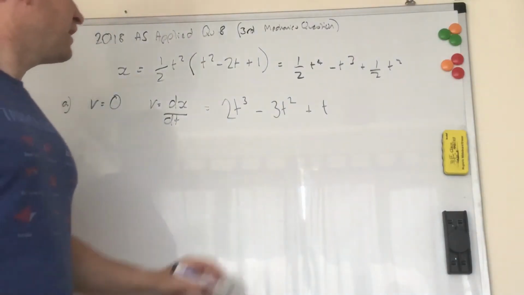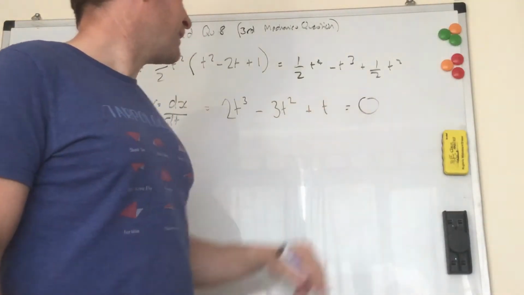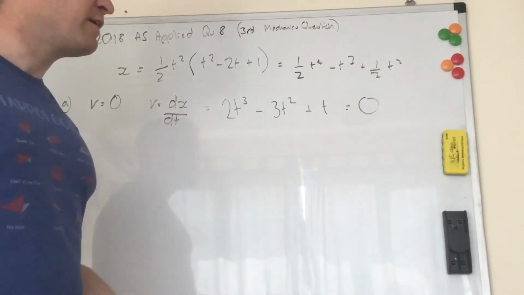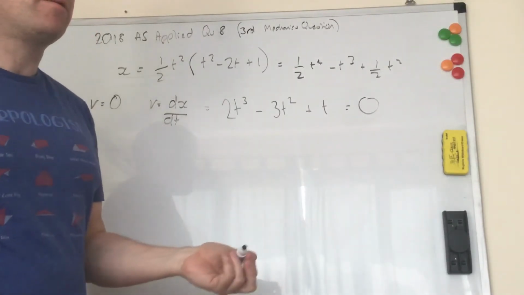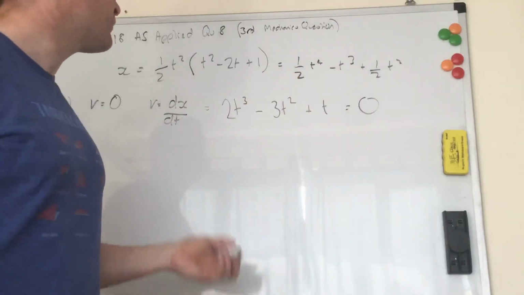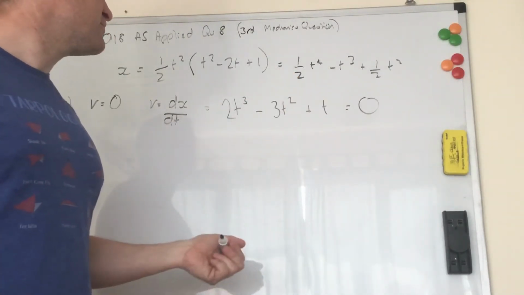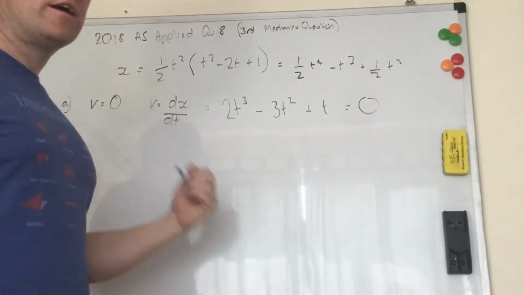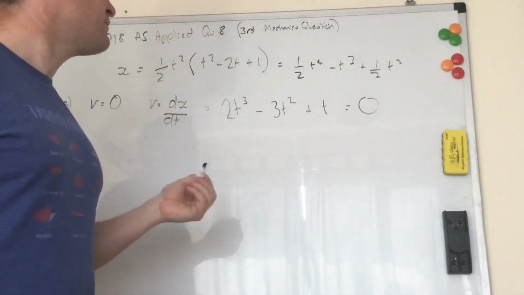Okay, and that's equal to 0. Okay, you can't just divide by t. We'd be ignoring the fact that t could possibly be 0, which it is, because t is greater than or equal to 0. So we're allowed to have a time of 0. So we can't just divide through by t unless we know that definitely t isn't 0.